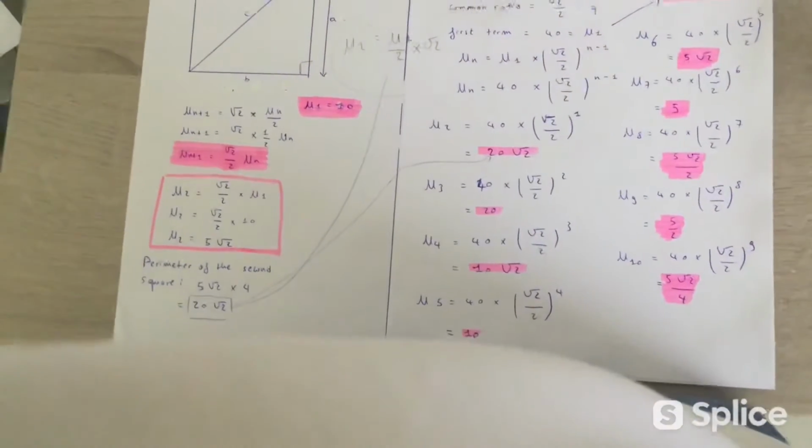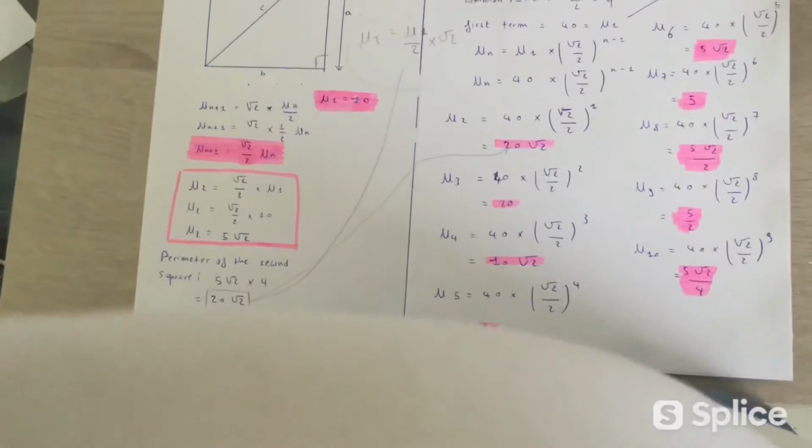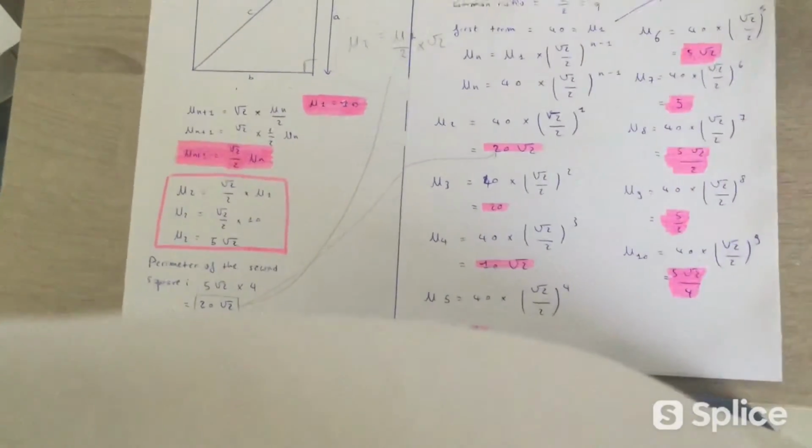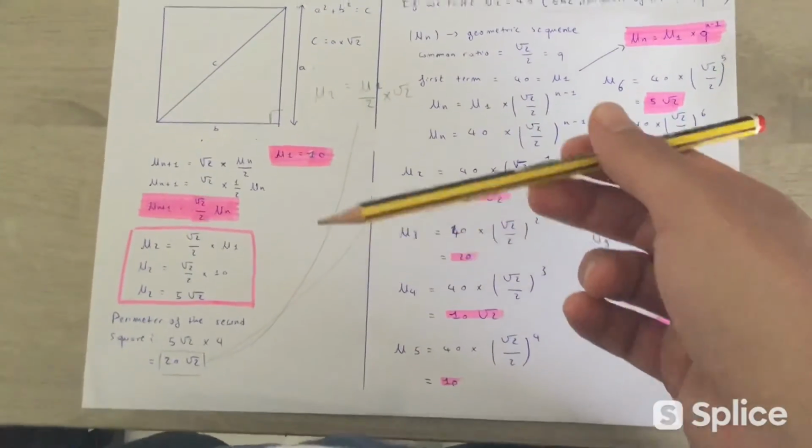Okay. For example, this equation calculates the side length of the nth square, like you can see.